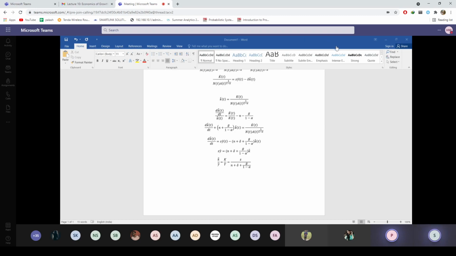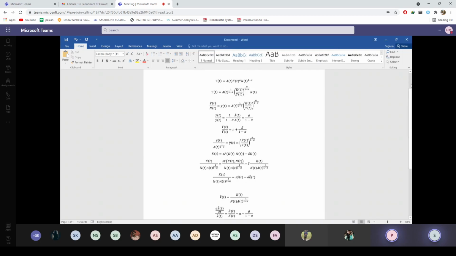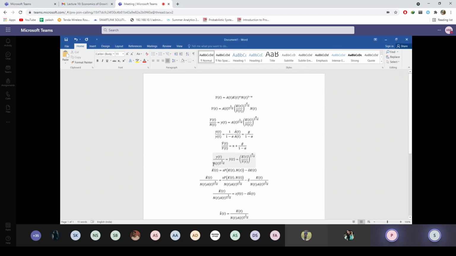How do you determine that? That's your question. Have you really understood why I have divided both sides by Y? How do I get the steady state growth rate from here?